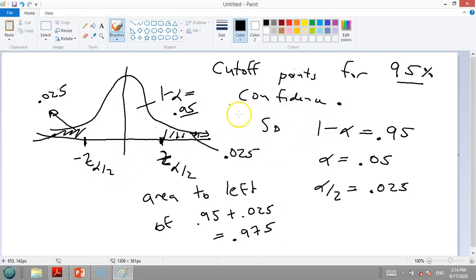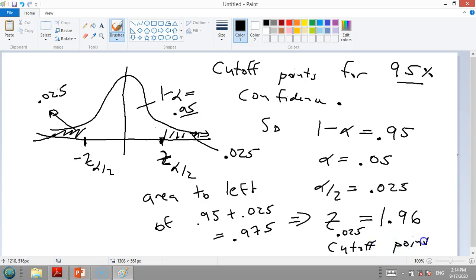So this implies Z, in this case, what is it? Z 0.025, where the area to the right is 0.025 and the area to the left is 0.975, is 1.96. This is the cutoff point. Sometimes the book says this is the critical point or the critical value, okay? And for this confidence, this is the cutoff point. Let's do another one.